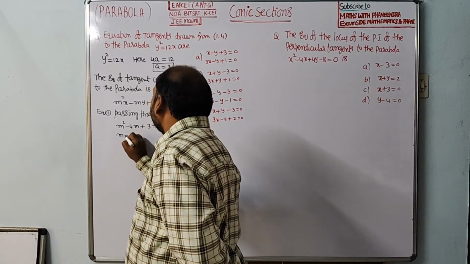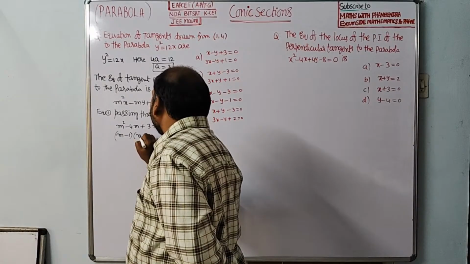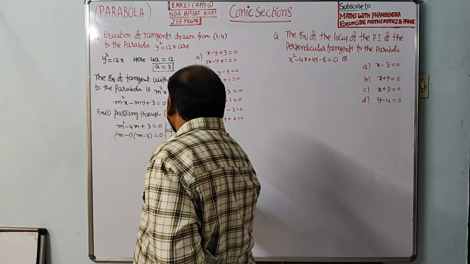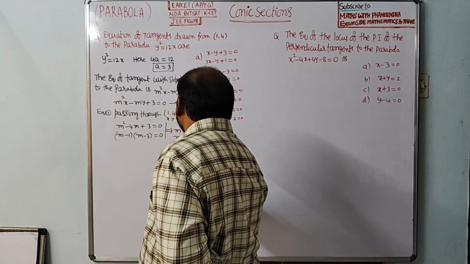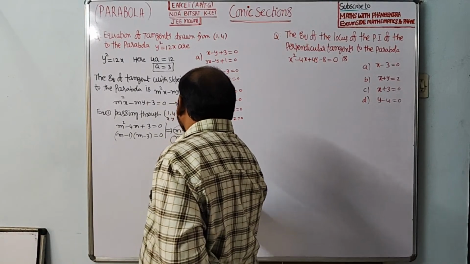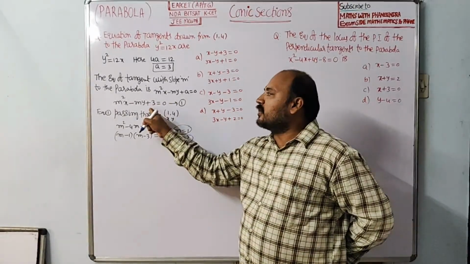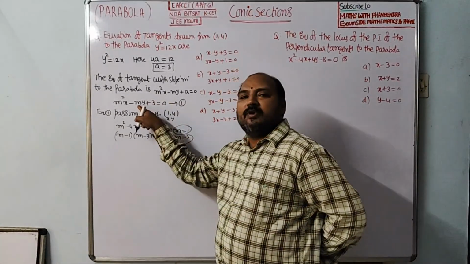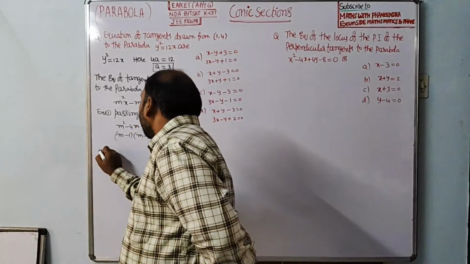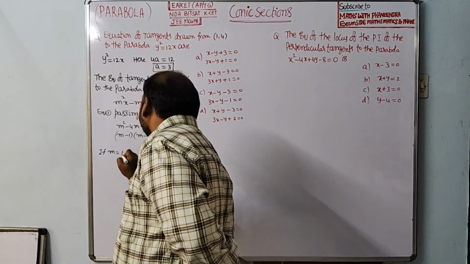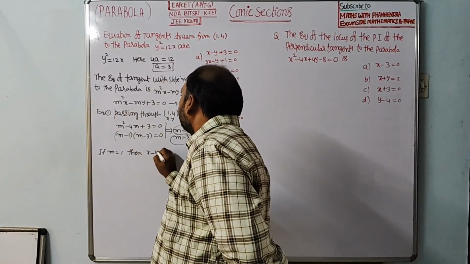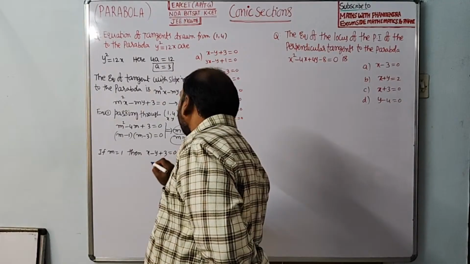So factorization, (m minus 1) into (m minus 3), dear students. So from this, m is equal to 1, m is equal to 3. M is equal to 1, substitute in equation 1, you get one of the tangents. M is equal to 3, substitute, you will get another tangent. So if m is equal to 1, then x minus y plus 3 equal to 0.